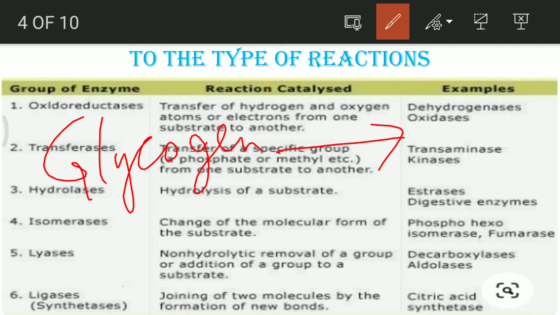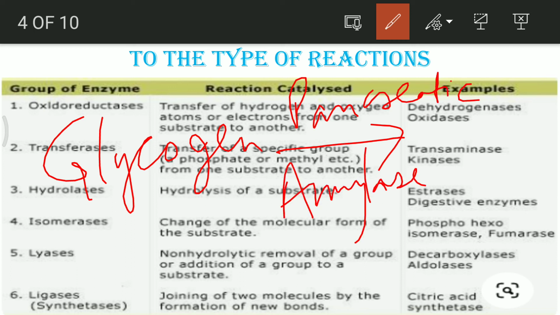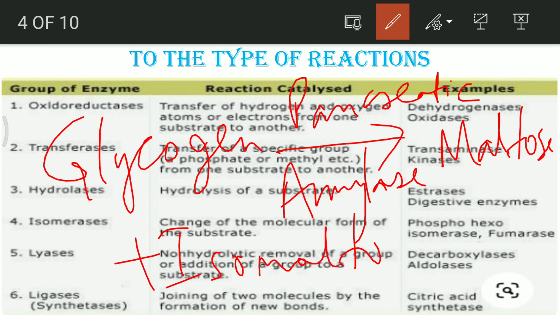In presence of pancreatic amylase, in the pancreas or in the stomach, maltose formation occurs, or isomaltose is formed, by addition of water molecules to the starch or the glycogen. Okay, so this is a hydrolase reaction.